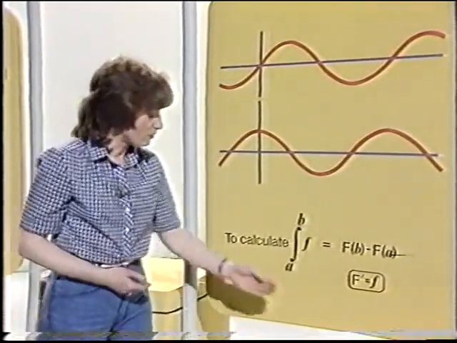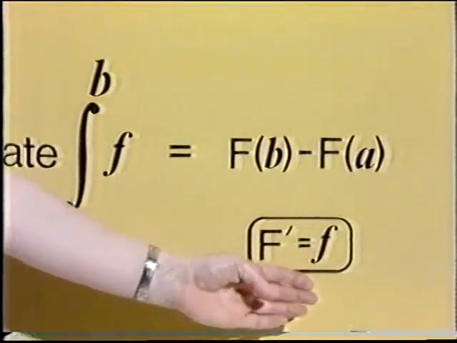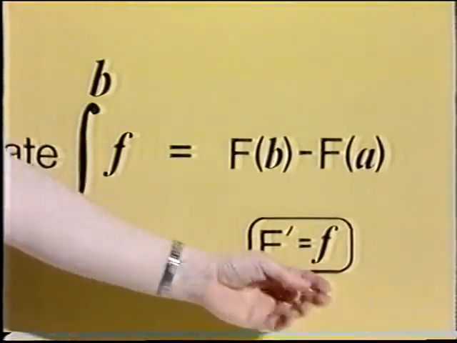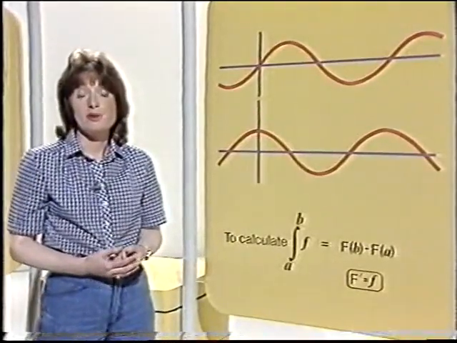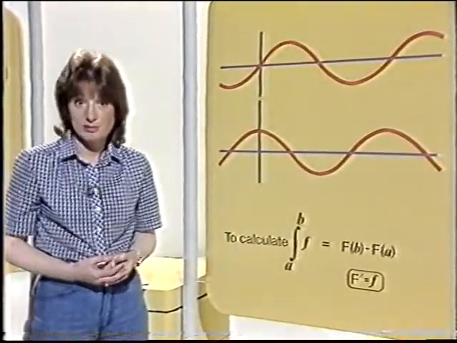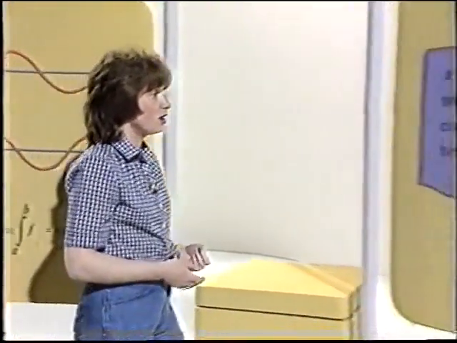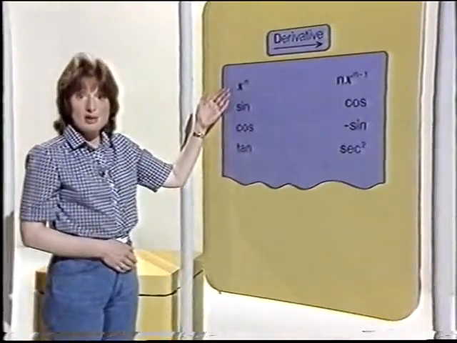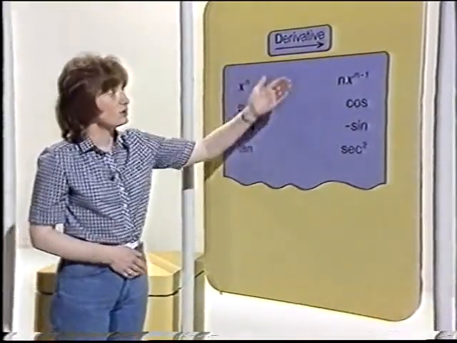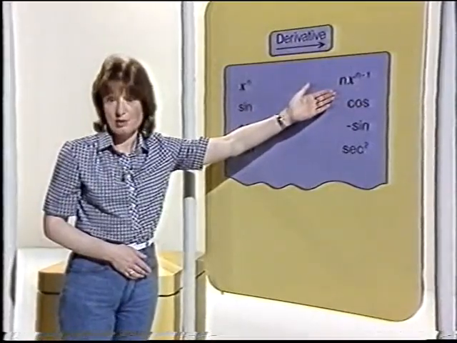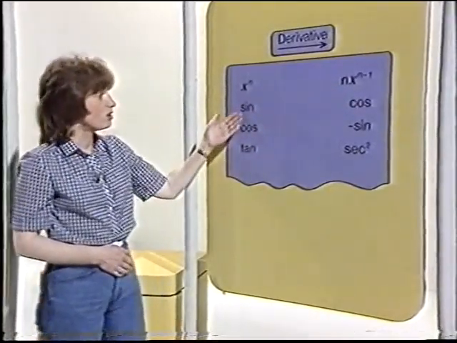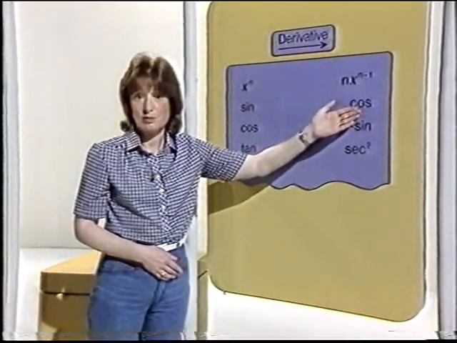Well, the derivative of big F is the original function little f. And you've already seen a table of derivatives in Unit 2. Here it is. Here's x to the n, with its derivative n x to the n minus 1, and sine with its derivative cos.